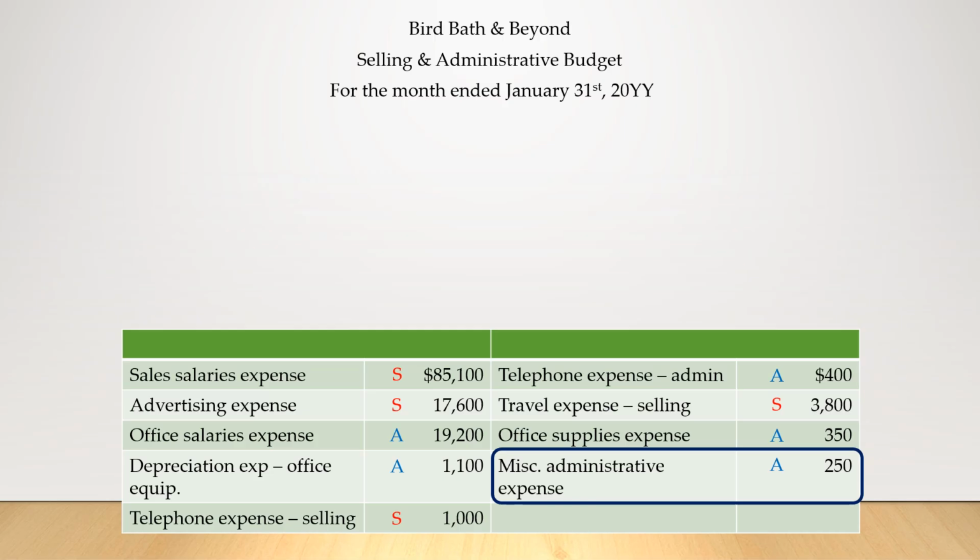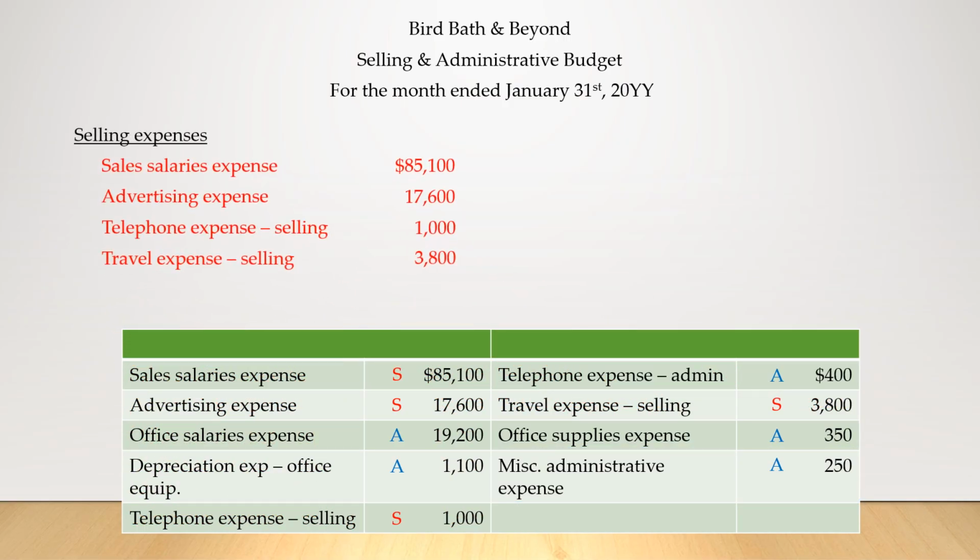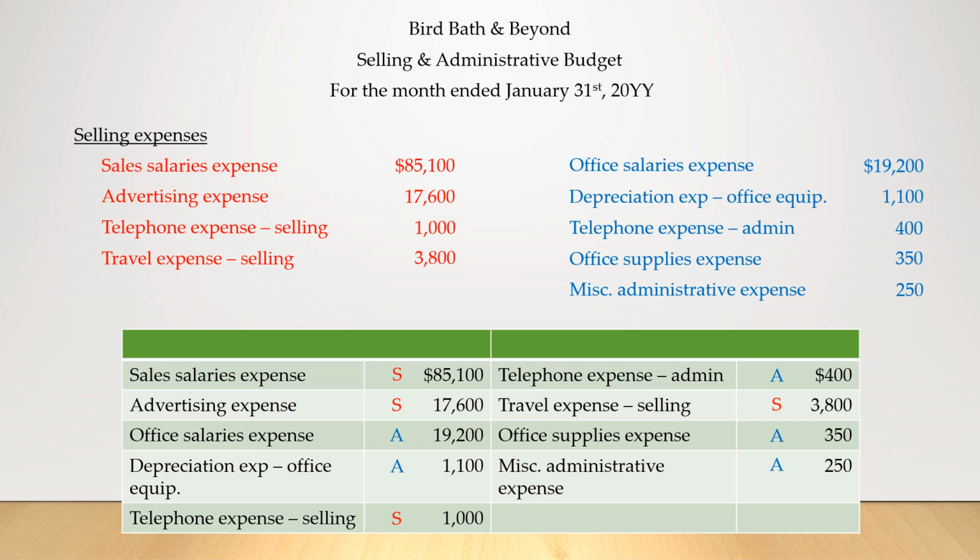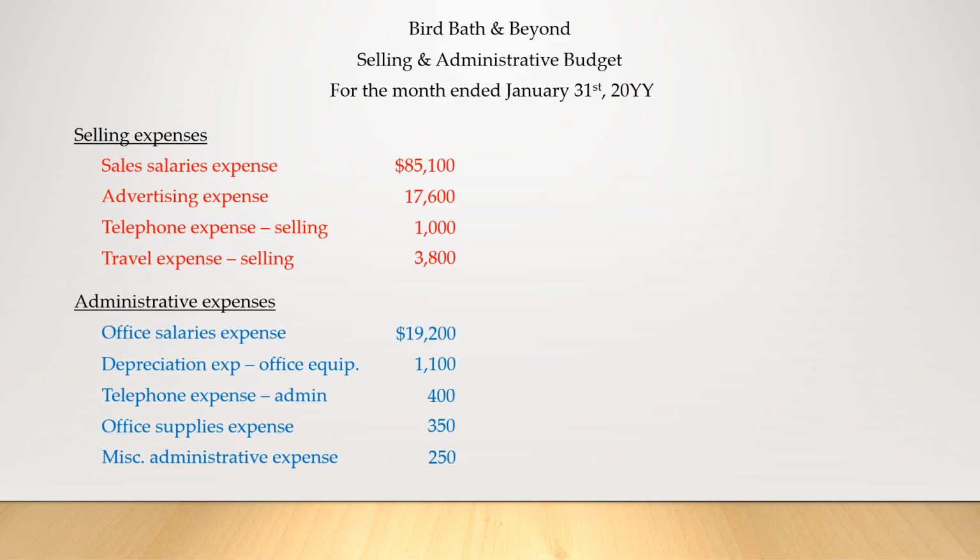Now we can put these items on the budget, grouped accordingly. Our sales costs will be listed together, as were our administrative costs. Total selling expenses will be $107,500 and total administrative expenses will be $21,300.